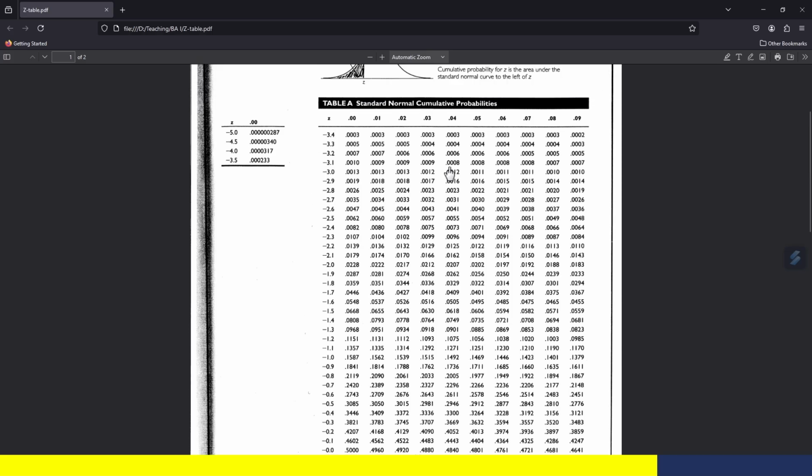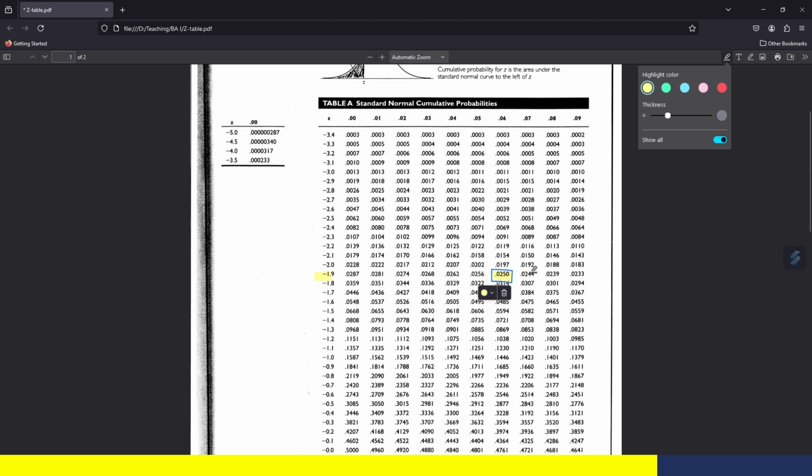So this is our Z table, and as I was talking about 1.96, here is our 1.96 and we want 1.960. See, this is 0.0250.